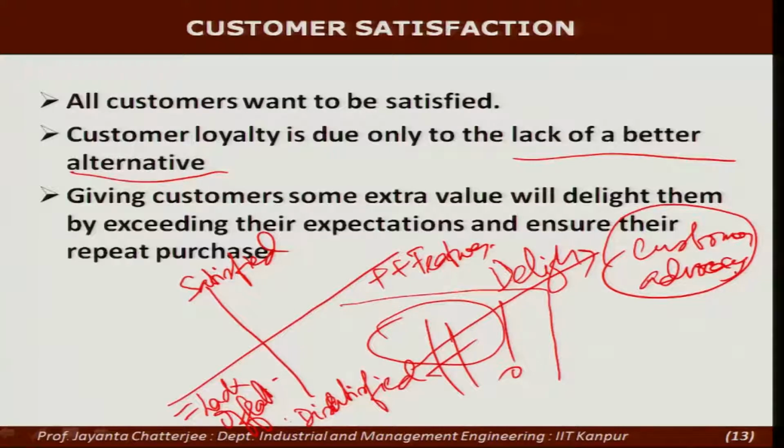So, obviously, if the customer is moving from dissatisfaction towards satisfaction, there are certain types of factors. For example, in a restaurant, if you do not have a toilet, then the customer will be dissatisfied. But customer satisfaction will not increase if you provide 5 toilets.